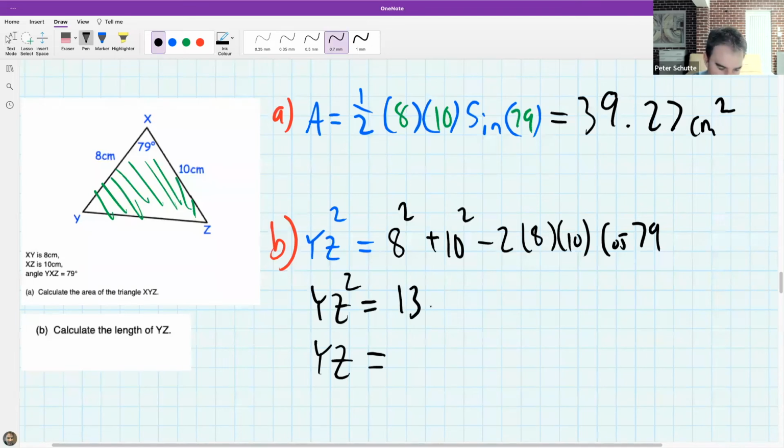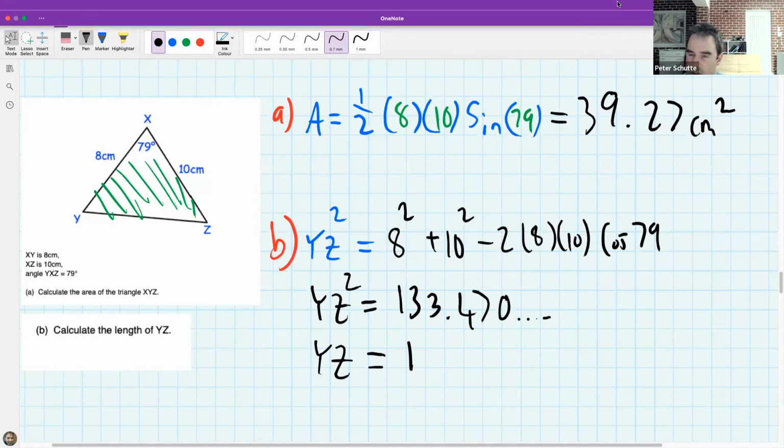So for this, I'm getting 133.470, blah, blah, blah. But I'm just going to hit my square root answer key. And we should be getting, I'll give you a moment or two more. What are we going to get for the length of YZ?